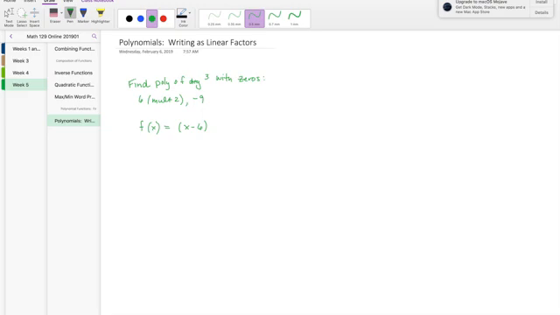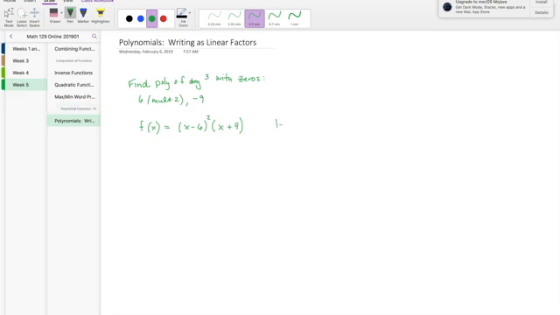So if -9 is a zero, then x minus -9 or x plus 9 is a factor. So if the 6 has a multiplicity of 2, I would add a 2 exponent to that factor. And then we weren't given any information about the multiplicity for -9, so we can assume that it is just 1. So this would be an example of a polynomial with degree 3, with the zeros 6, -9.